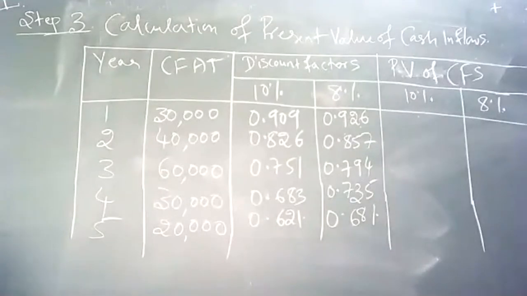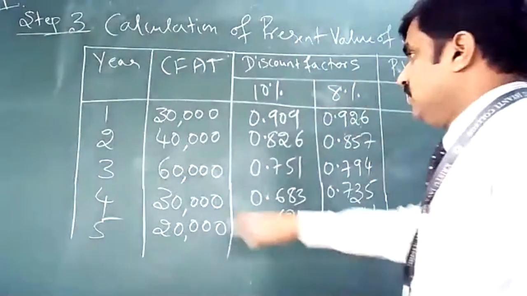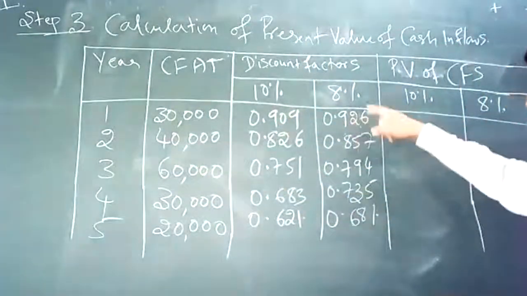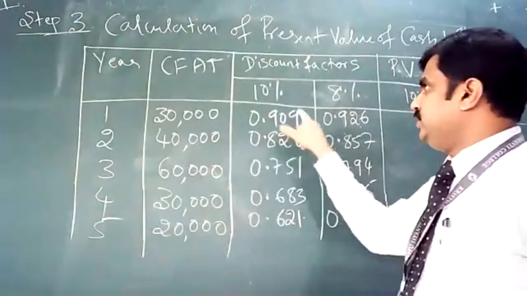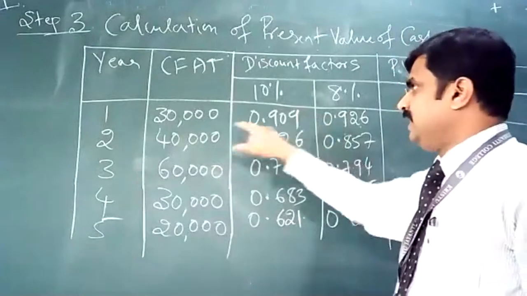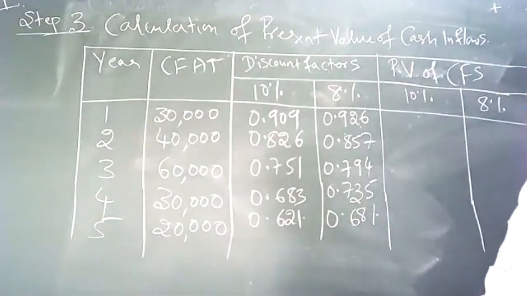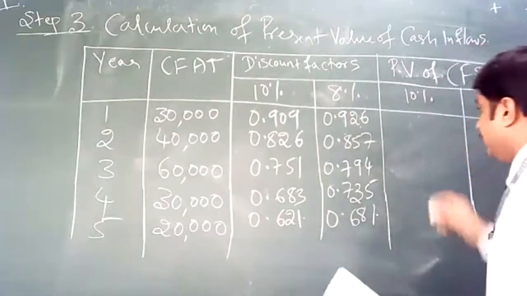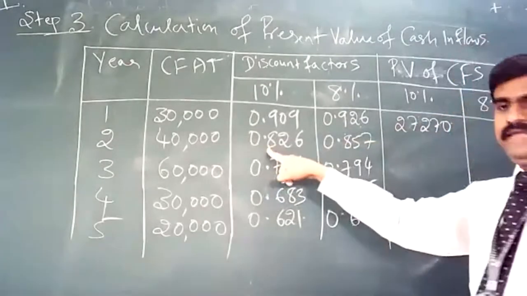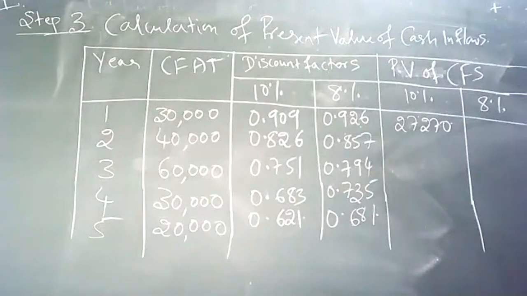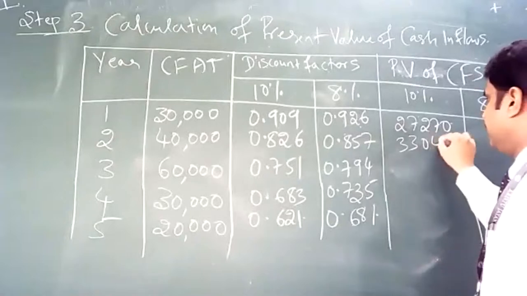So now we are able to see the input table. First year cash flows and discount factors. Now you multiply very simply: just multiply your CFAT into the 10% discount factors. That is 30,000 into 0.909. How much do you get? 27,270. Next, 40,000 into 0.826, that is 33,040.